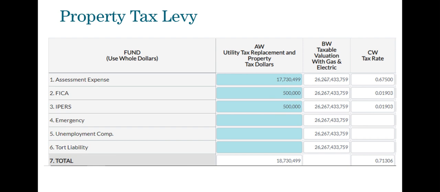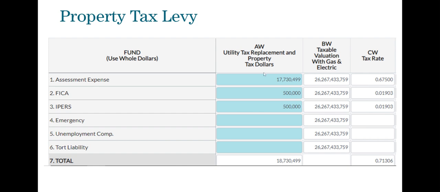So let's take a little bit of a closer look at the property tax piece of that adopted summary page. Again, this is your column where you input your tax asking for those different funds. In this instance, the county auditor has filed value, so that's populated here, and your tax rate can calculate.